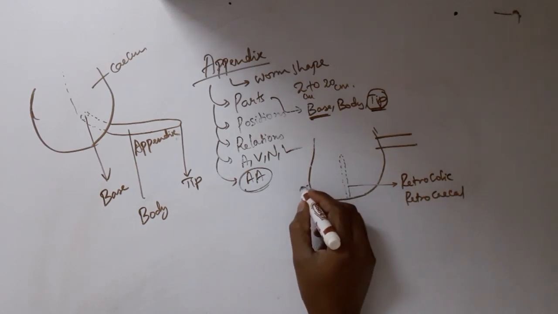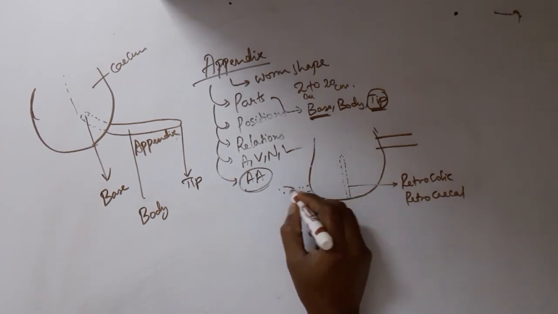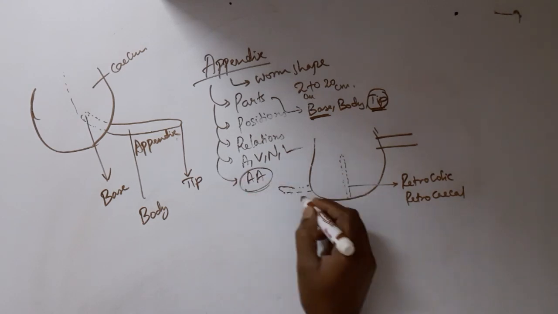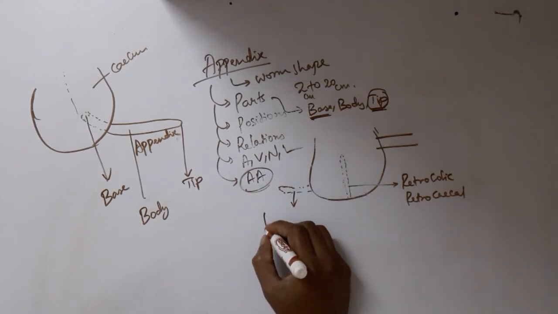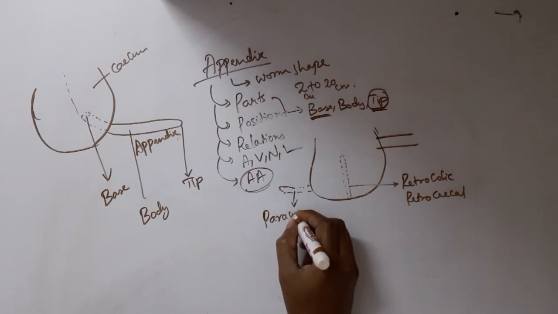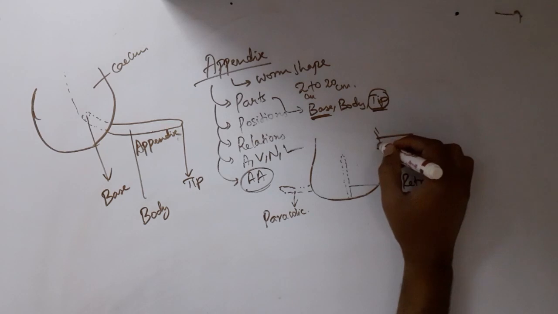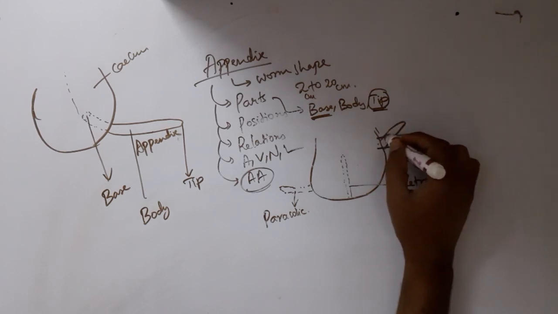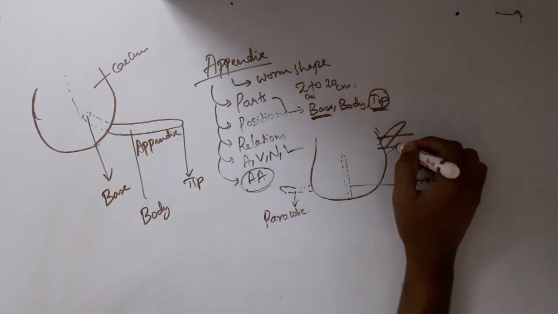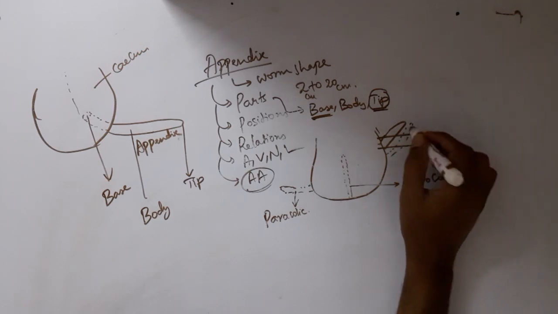Sometimes the appendix may go beside the colon, that's why we call it the paracolic appendix. Sometimes it may go either anterior to the ileum or posterior to the ileum.